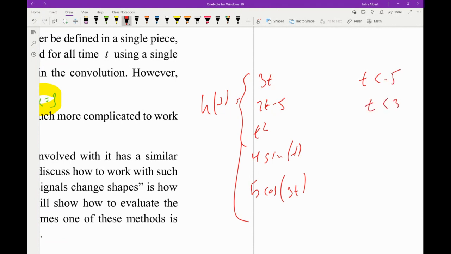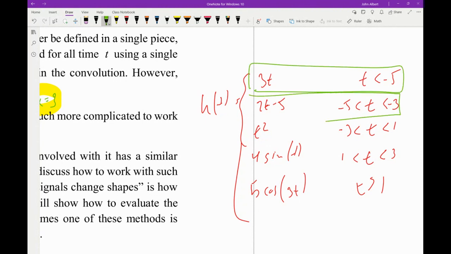This is for t less than minus 3, greater than minus 5. This is for t less than 1, greater than minus 3. This is for t less than 3, greater than 1. And this is for t greater than 3. So in here, h itself, I'm defining it using 5 different regions. So in this situation, think of the number of pieces of h to be equal to 5.